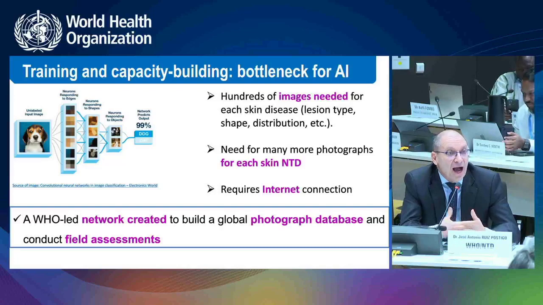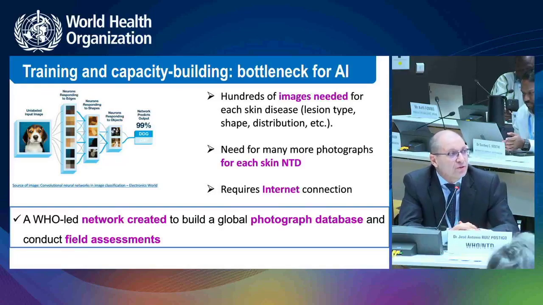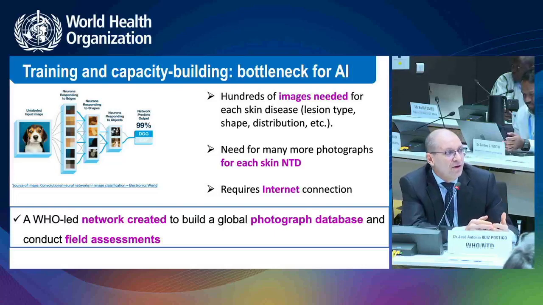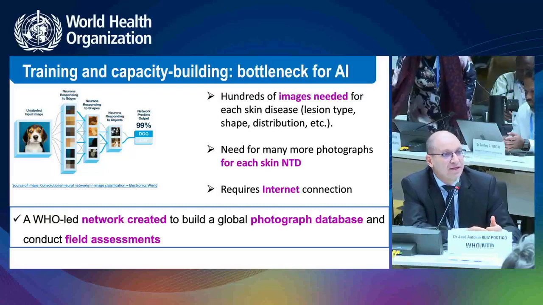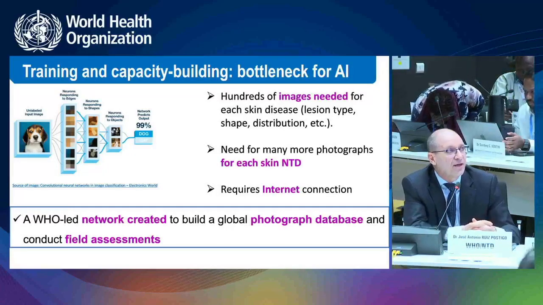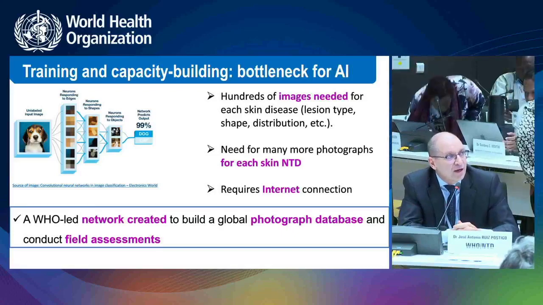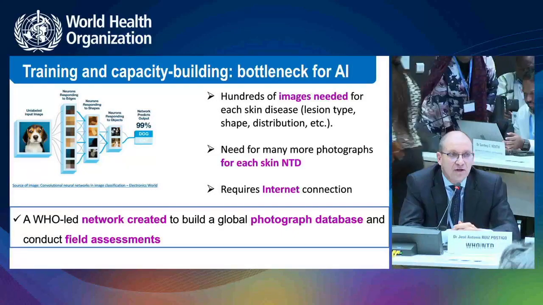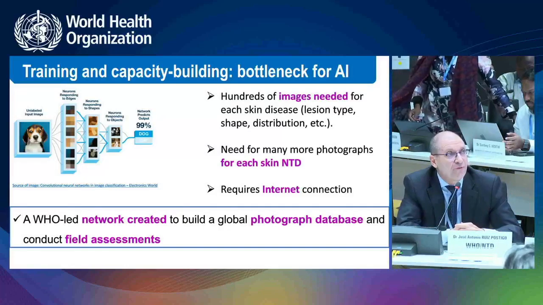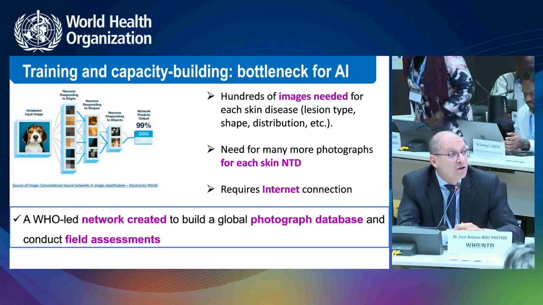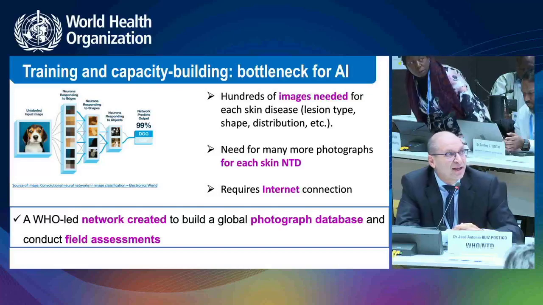And you need hundreds of photos to train the machine, and you need to have photos not only of several diseases, but also the different presentations of the disease and from different countries. So for that, WHO launched a global network in November to try to get a global photograph database and conduct field assessments. Next one, please.